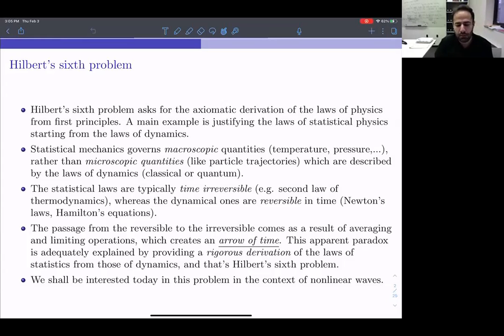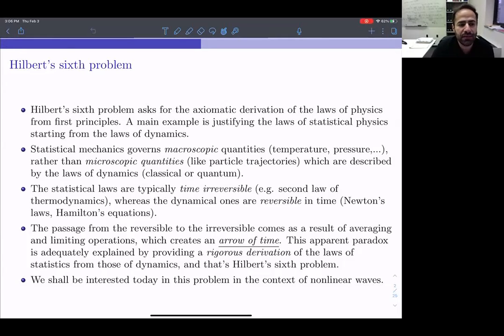What Hilbert's sixth problem asks for is an axiomatic derivation of the laws of physics from first principles. The main example that Hilbert had in mind is to justify the laws of statistical physics starting from the laws of dynamics.